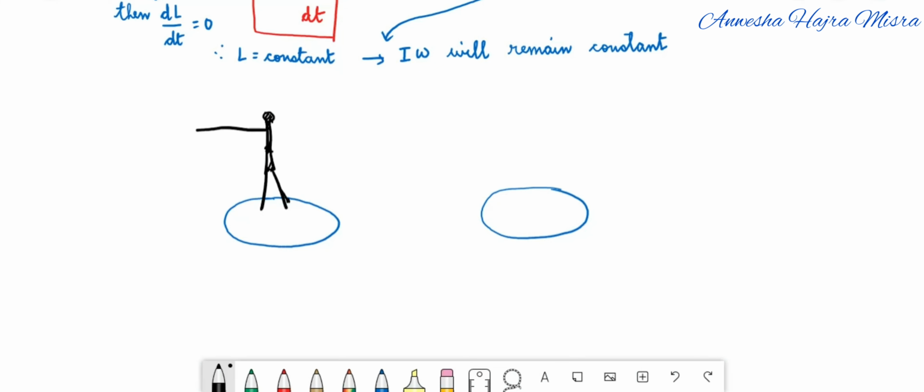He is standing with his hands outstretched with two heavy weights. And this table is rotating. It is a rotating table. Now this distance from the axis of rotation is capital R. This is my axis of rotation.